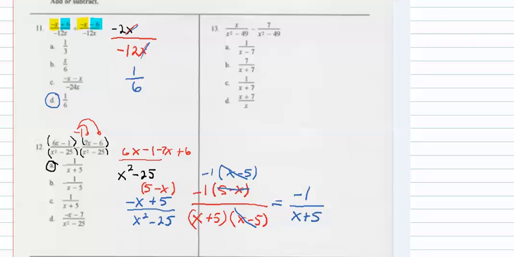All right, number 13. This again is a subtraction problem. There's a subtraction sign or negative sign right here. At the bottom I have my x squared minus 49. I don't have quantities at the top, I just have an x. I'm going to keep the negative sign, and I have a 7.